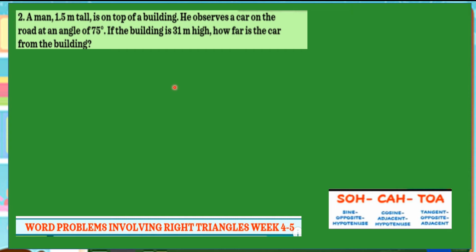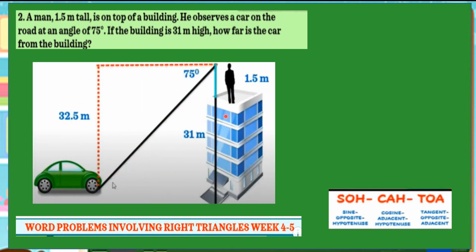So, again, to answer this problem, all you have to do is to make an illustration. So, the first illustration is ito. Meron daw isang tao, isang lalaki, na 1.5 meters ang taas, kaya siya ay nakalagay na 1.5 meters.